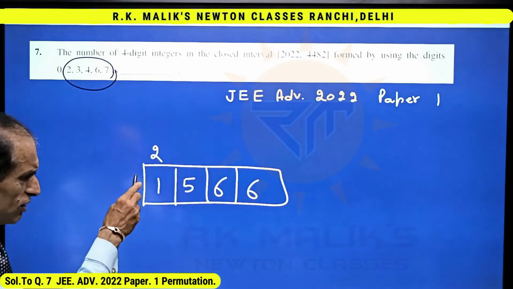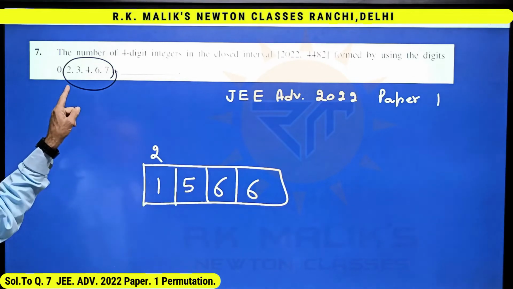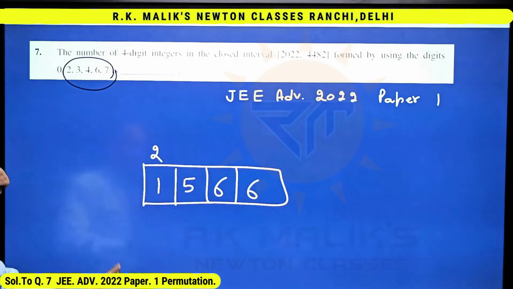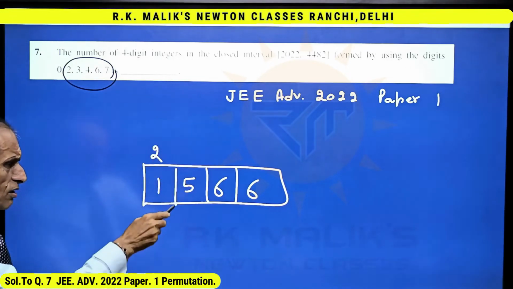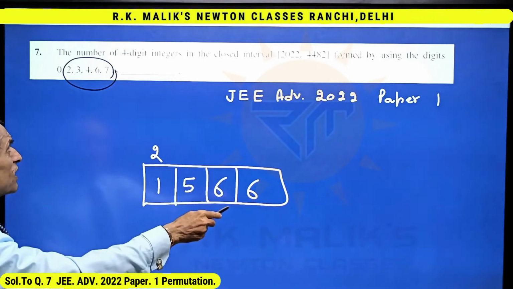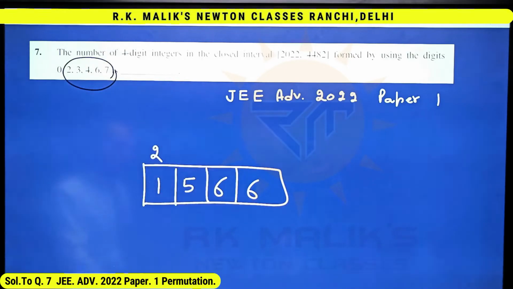Let me tell you, the reason of 5 is because here 2, 3, 4, 6 or 7, anyone can come, and once any of these digits has come here, remaining two places can be filled by any of these 6 digits.